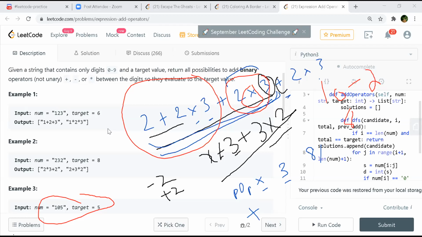Yeah, that is the only thing you have to take care of. In this case, I was thinking that would be the normal way of doing it. Why ignore this 0, 5?